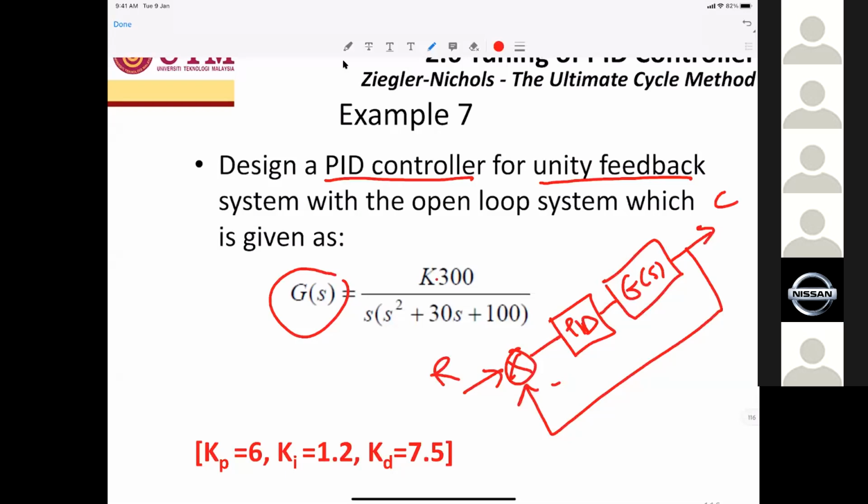What information can we get from G(S) in terms of the order of the system? What is the order of the system?